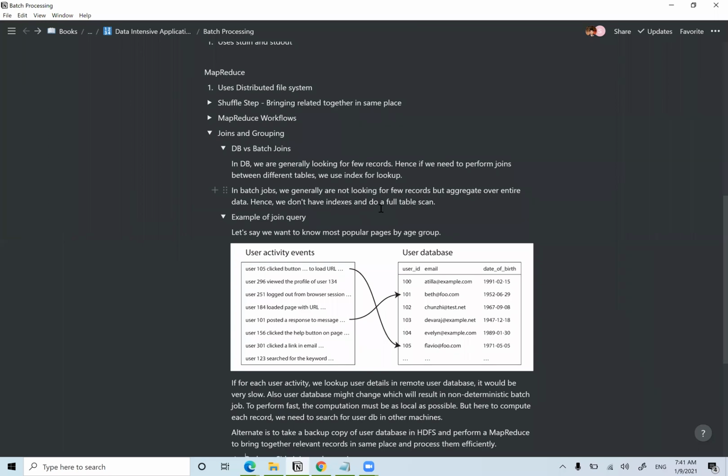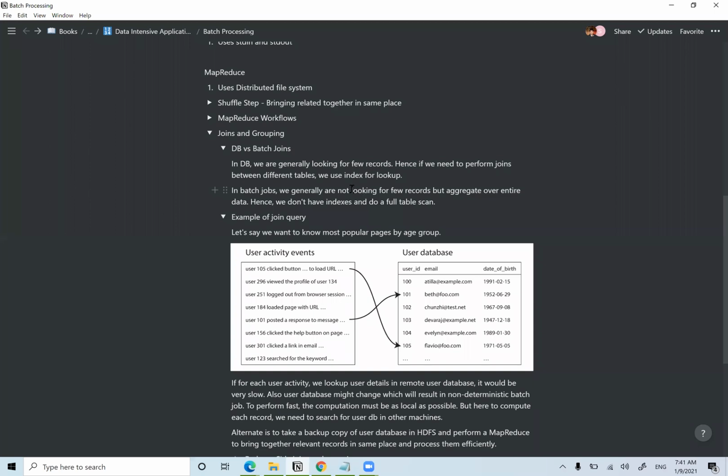So you are looking for only one particular record, and that record is generally indexed, so you can look up the indexes in those two tables and get your result. Things can happen in memory, and the data set is very small, so it's easier, and you can use an index for those lookups.